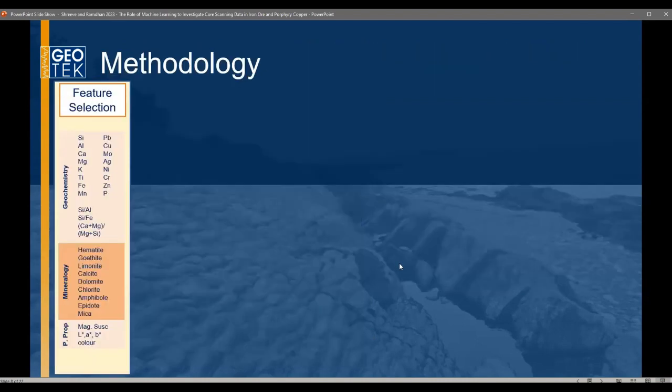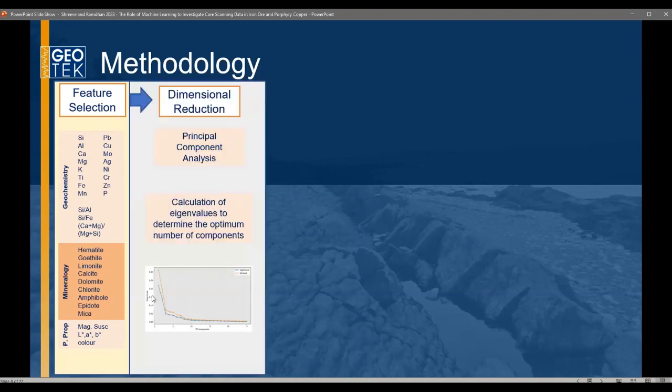The methodology then takes, we've reasoned out using our principles, 44 different minerals or different features that we'd use. They're separated by chemistry, mineralogy, and physical properties, ensuring that we get a good range of information that comes across from these different lithologies. We go through a principal component analysis to dimensionally reduce this data, and we use a series of statistical methods to choose the right number of components.